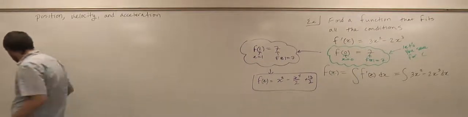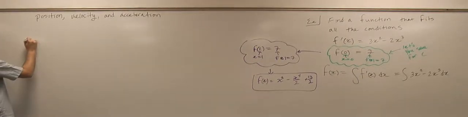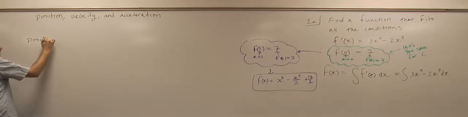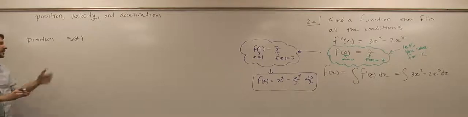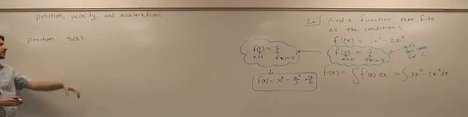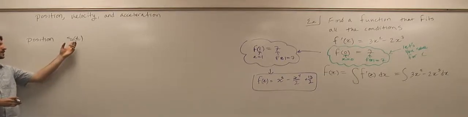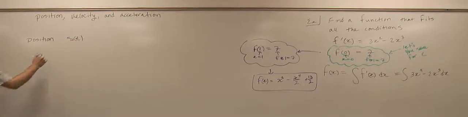And we usually labeled the position function s of t. What it told you, we usually did it with throwing a ball up in the air or dropping a ball off of a roof. So this would tell you how high the ball is at any time t, like the position of the ball at any time t.